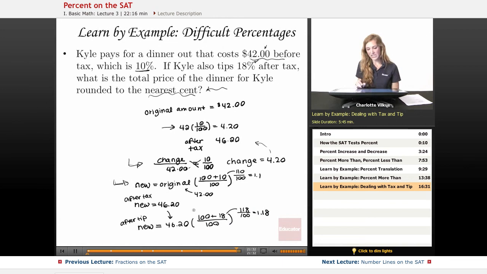And when we put that into our calculator, we're going to get that the new amount is equal to $54.516, which is a little bit of a problem because we don't go out this far. So when we're looking at this, we're going to round to $54.52, and that's going to be our total dollar amount.